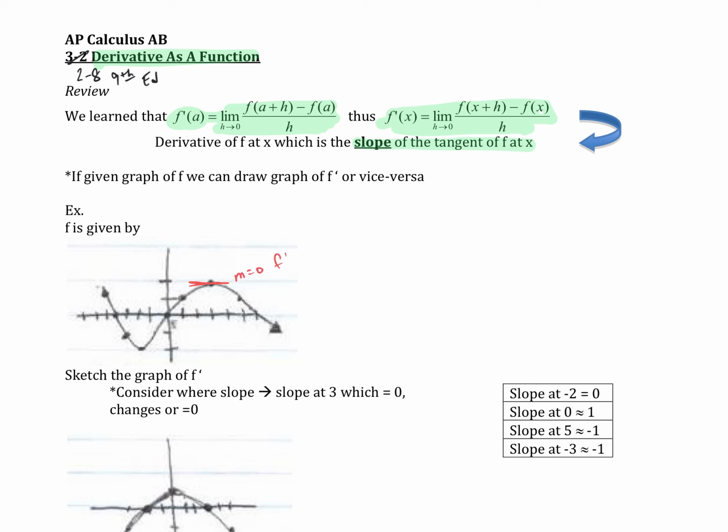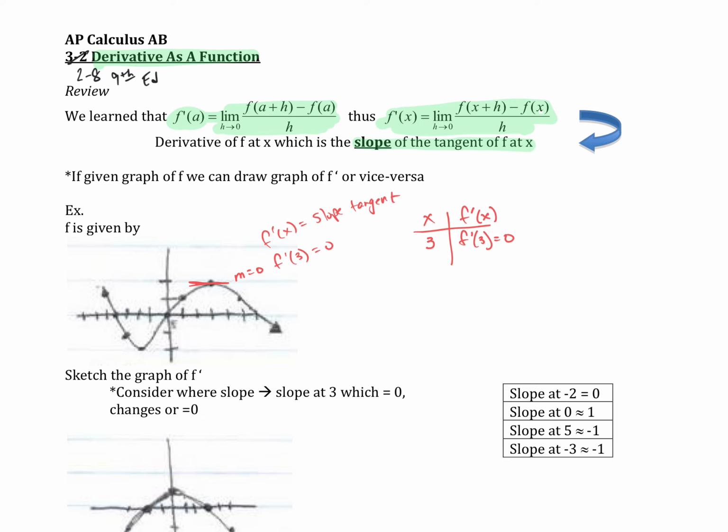That means f prime of 3 in this case is 0, right? Because we know f prime of x is the slope of the tangent, and that slope is 0. So what I'm doing here is graphing the point x and f prime of x. At this x value 3, f prime of 3 is a horizontal tangent.